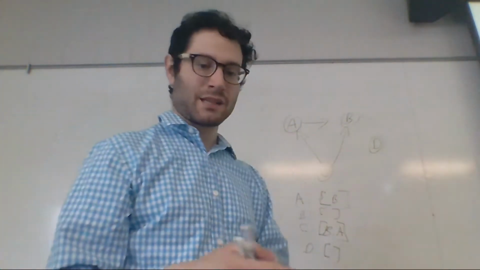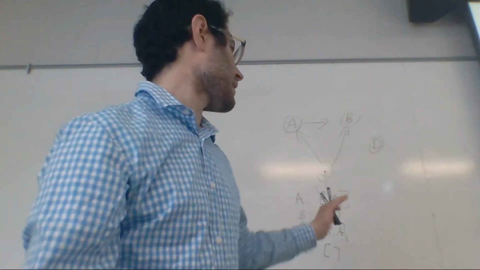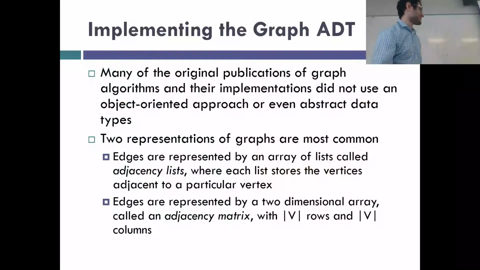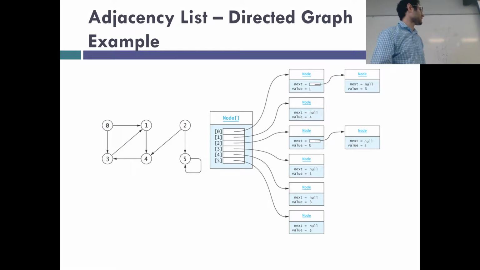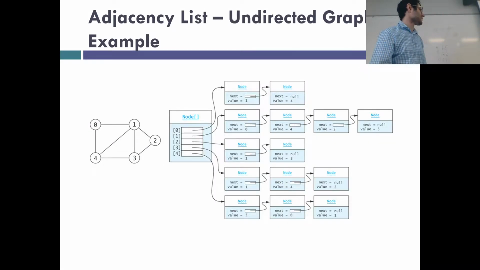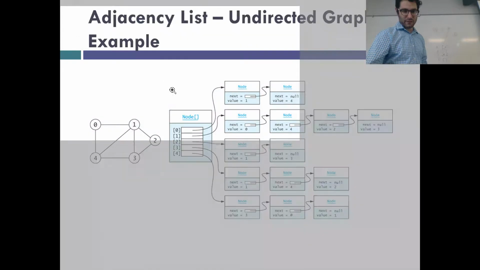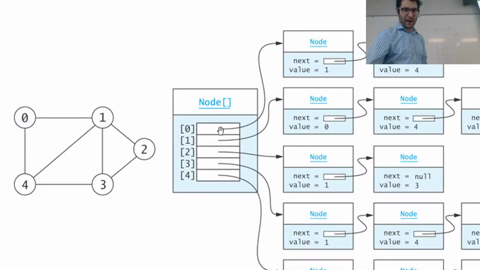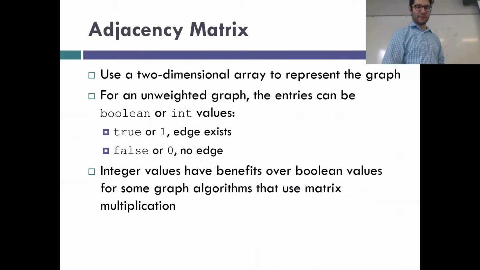Adjacency matrices. I put this on here because the adjacency lists are a linked list, and it's a bit hard to read. But remember, for an undirected graph, if 0 is adjacent to 1, 1 is adjacent to 0. In a directed graph, you don't necessarily have that guarantee.